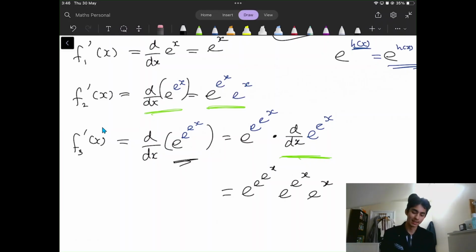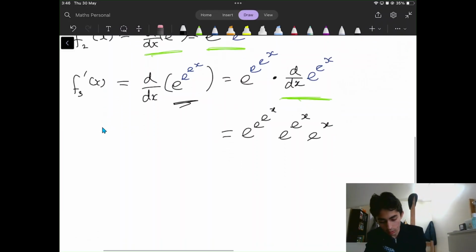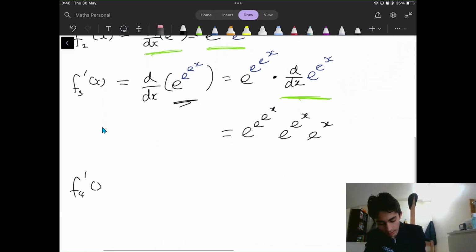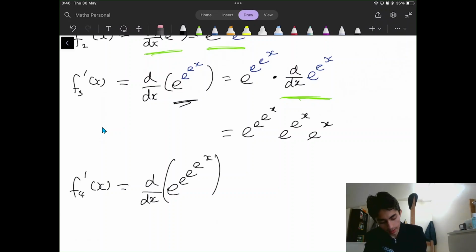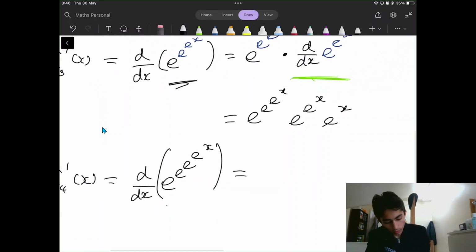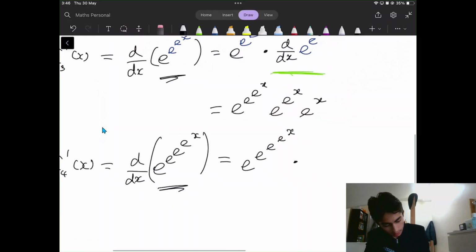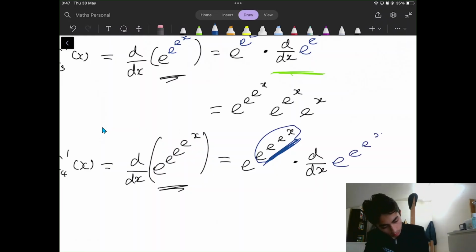Okay, it's quite dense, I know. This is a lot of stuff to take in. Let's do one more iteration of this, and then we can generalize it. We can assume that this pattern goes on for all integer values of n, I suppose. So the derivative of the tower with 4 e's to the power of x is equal to, we repeat the same function again, and then we multiply it by the derivative of what was at the exponent, which is this thing here, right?